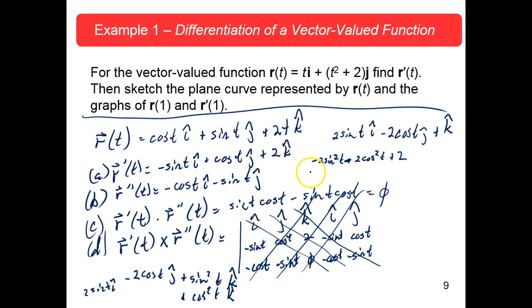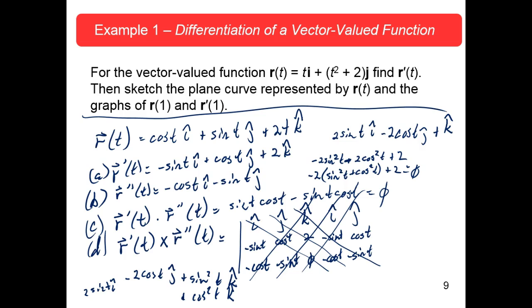Factor out the minus 2 and you get minus 2 times sine squared t plus cosine squared t, plus 2. What's sine squared t plus cosine squared t? 1. Minus 2 times 1 is minus 2, plus 2 is 0. Sure enough, it's perpendicular to that one.